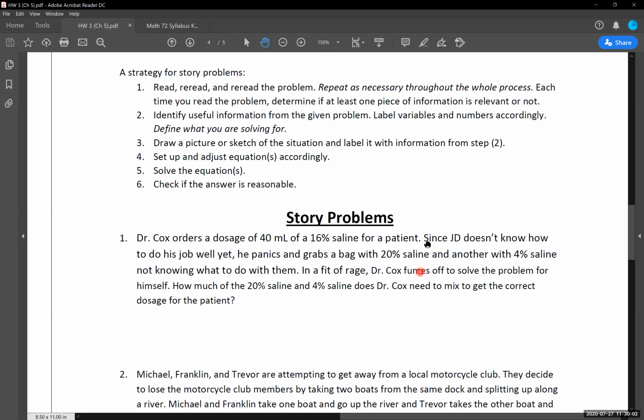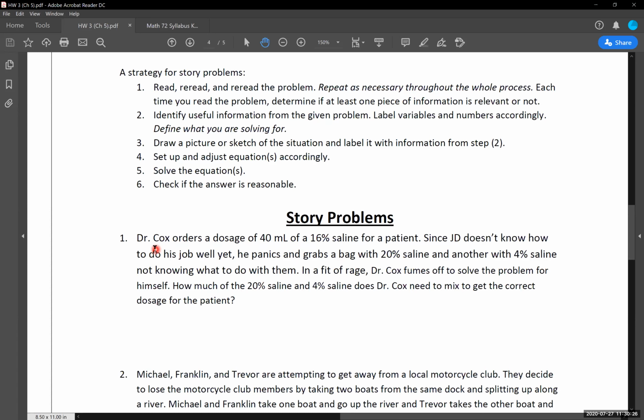We know we're going to have a 20% amount, we're going to have a 4% amount, and we know that the dosage that was ordered is 40 total milliliters. So we have some unknown amounts, we have a total amount that we're going to need, and we have some percentages, some information regarding each of the different things that we're working with.